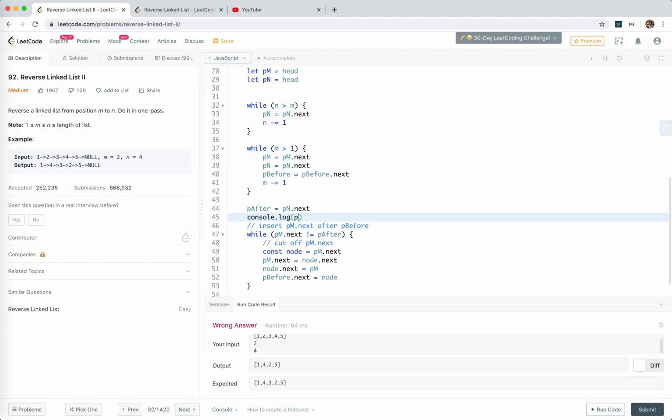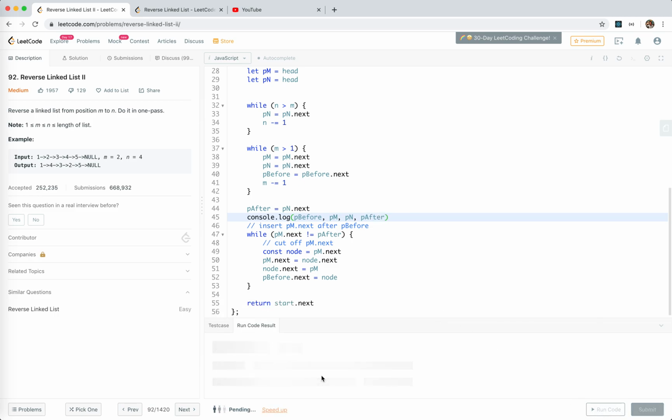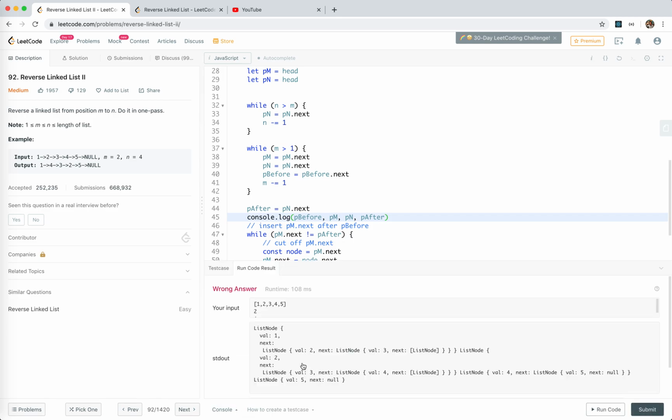Log the PM, P before, PM, PN, P after. Okay, P before is 1.